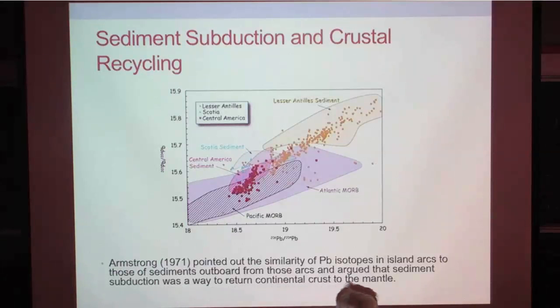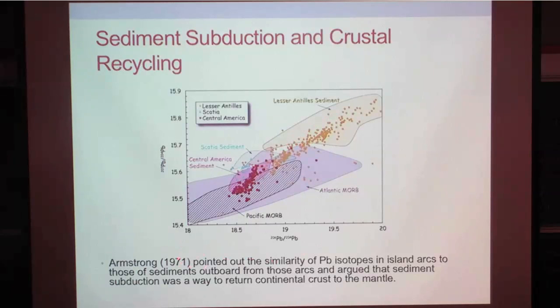First of all, subduction. It was Armstrong who first noted, particularly in the Lesser Antilles, the similarity between lead in the volcanics of the Lesser Antilles, which are these gold points here, and the sediment that was outboard of the arc and potentially being subducted into the arc.